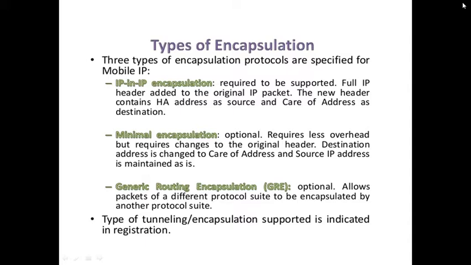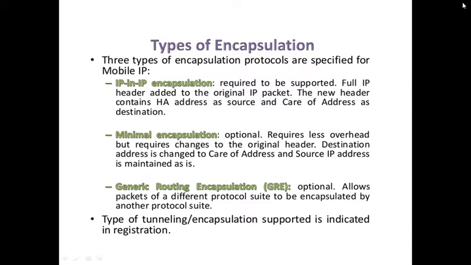Okay. So now we will discuss the types of encapsulation. Before performing tunneling, encapsulation is performed, and in encapsulation we have three types, and any one of these types has to be chosen and used in the encapsulation process.